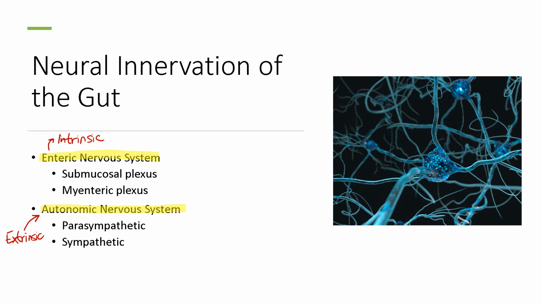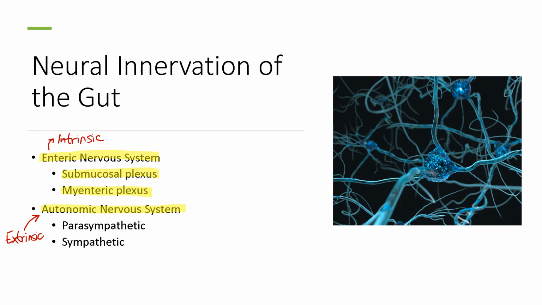Now, the neurons of the enteric nervous system are arranged into two plexuses, the submucosal plexus and the myenteric plexus. These plexuses of the ENS are going to consist of the normal neurons that we'd think of. These are going to be motor neurons, interneurons, and sensory neurons.